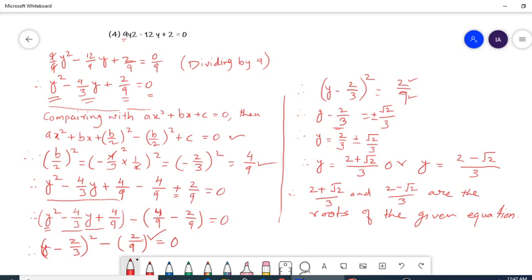We will study another method, that is the formula method, to find the roots of the quadratic equation by using the quadratic formula in our next tutorial.